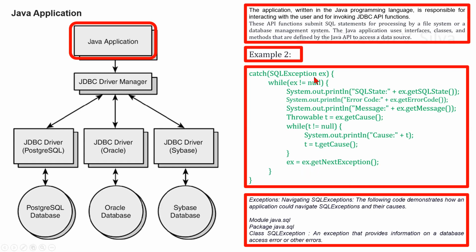The SQLException may have a causal relationship which consists of one or more throwables which caused the SQLException to be thrown. You may recursively call the method SQLException.getCause until a null value is returned to navigate the chain of causes.